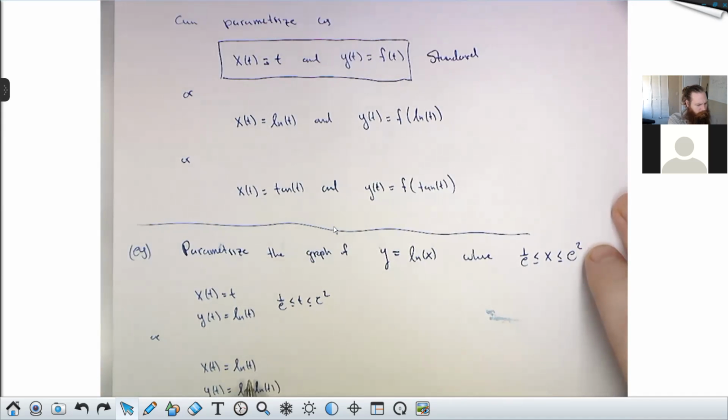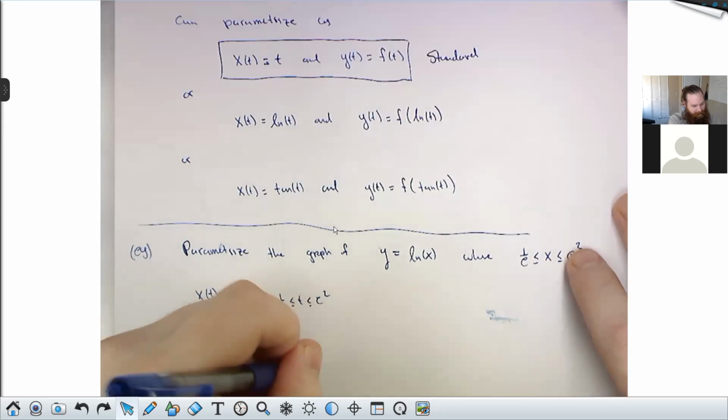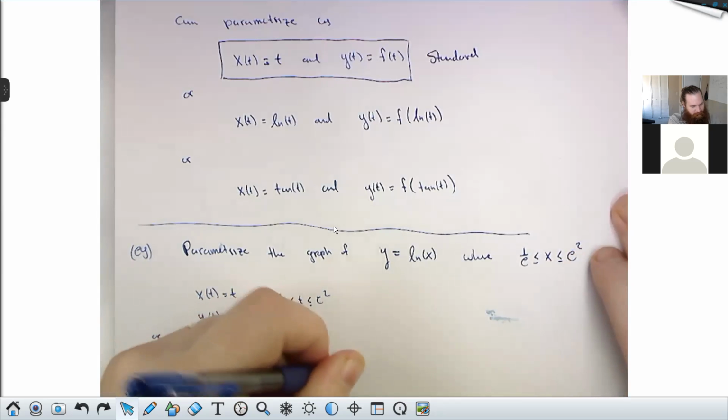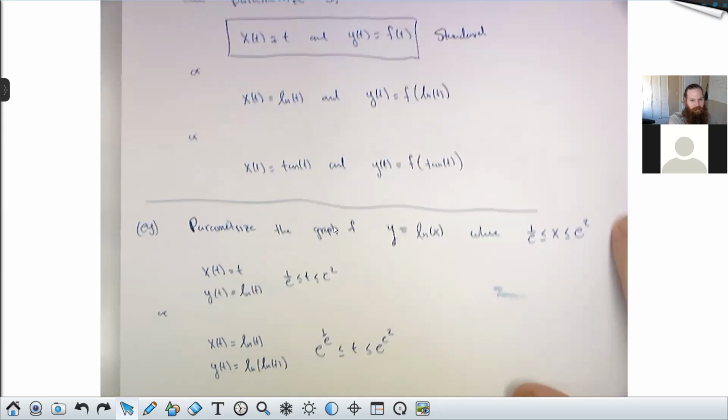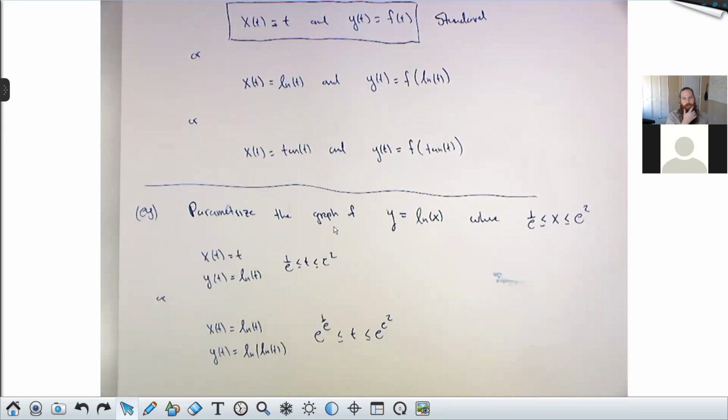This would be e to the 1 over e is less than or equal to t is less than or equal to e to the e squared. Kind of silly looking. But these would be two ways, this set of equations with these t values, or this set of equations with these t values, to parametrize this curve.